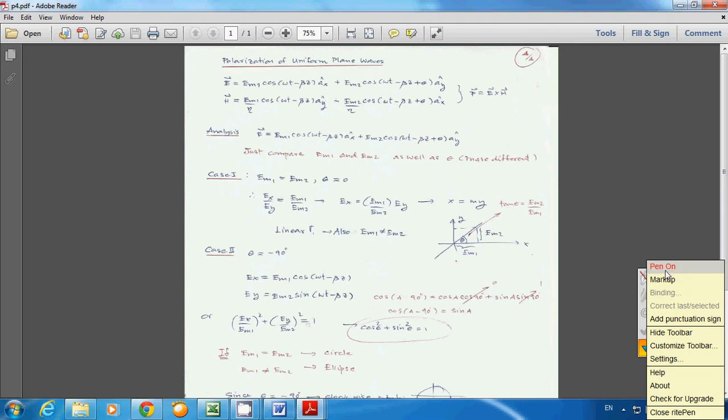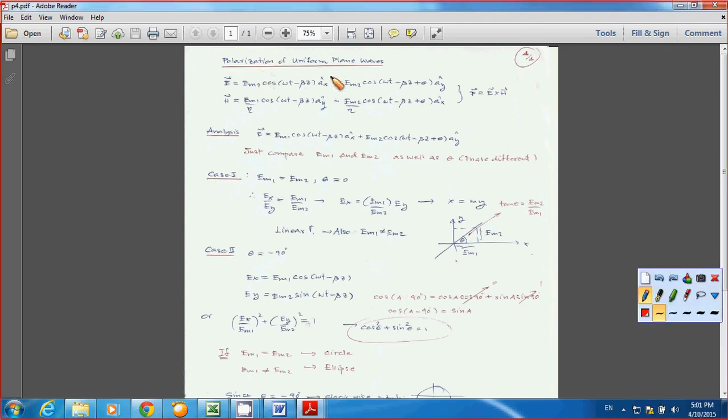Okay, the other interesting topic is polarization of uniform plane waves. I'll just give you a simple explanation. When you write the electric field or magnetic field, in these cases they have at least two components. For this one you have an x component and a y component.